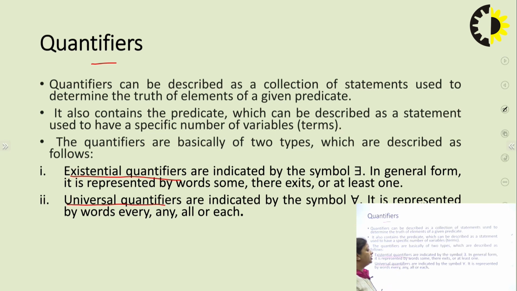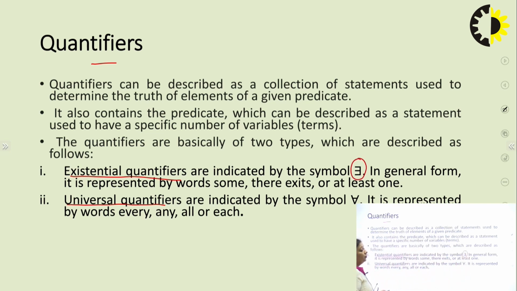Existential quantifier is used whenever we want to refer to objects where there exists, or at least one, value is true. There we use the existential quantifier, and the symbol for existential quantifier is this one.